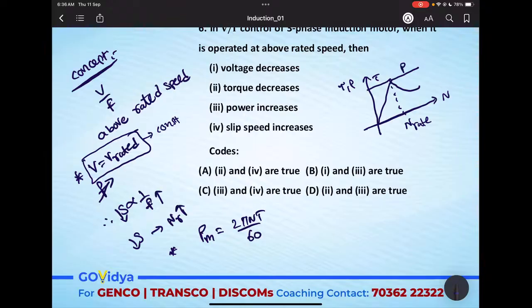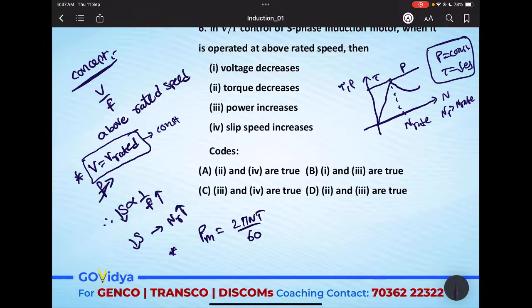Above rated condition, this is N above, that means N is greater than N rated. This condition they are asking. Okay, above rated condition, how power and torque are going to change. See, in the above rated condition, if you observe the curve, P is going to be constant and torque is reducing.